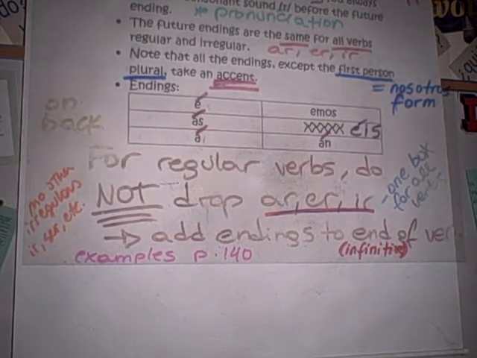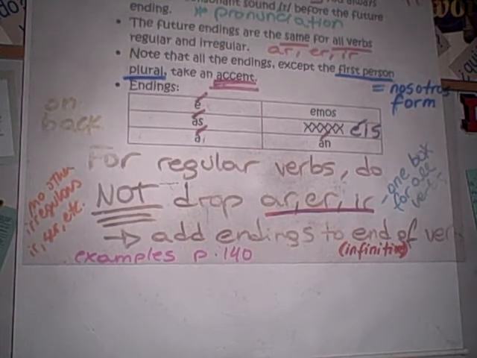Remember that any time that we switch tenses, all the rules go out the window for previous tenses, right? So are there stem changers in the future tense? At least not that we've learned so far. The irregulars will change something in the stem, but no stem changes in the sense of the ones that we've learned in the past. E to IE, O to UE, E to I, those are all present tense.